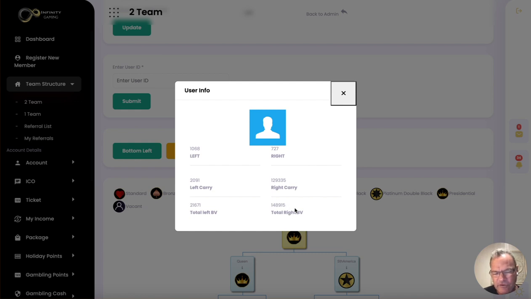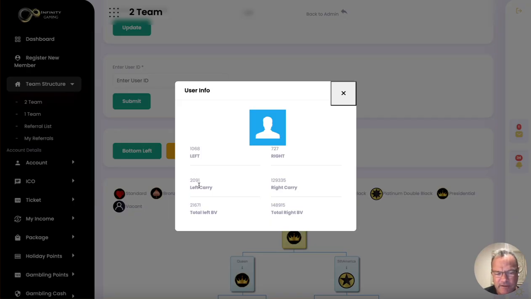And obviously he has a very strong right leg, so no doubt the effort's going into the left leg to keep it growing. When payday comes, the week amount, let's say that's where he ends up next Monday for payday, that 2,091 will be multiplied by, let's say, 10% if he's a platinum, and that will be put in his e-wallet.